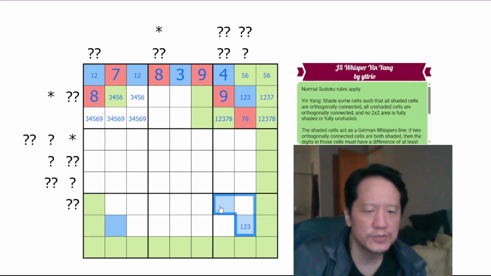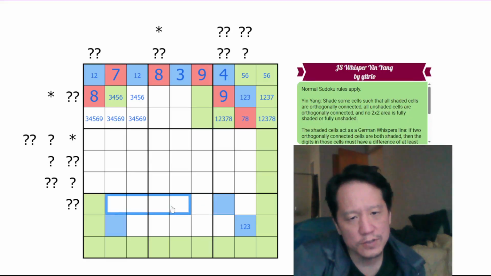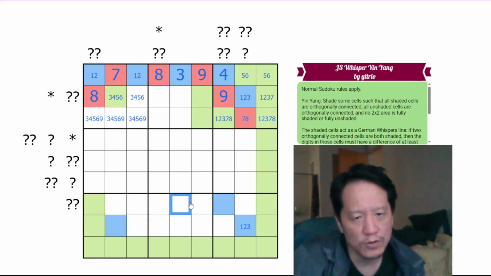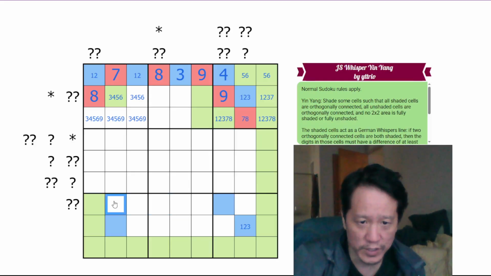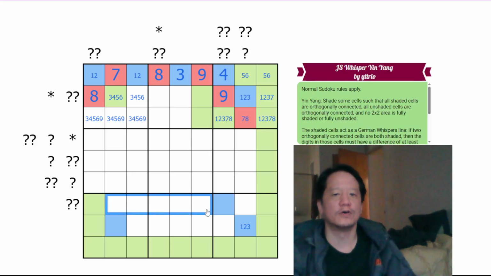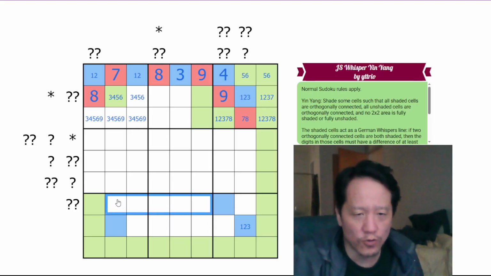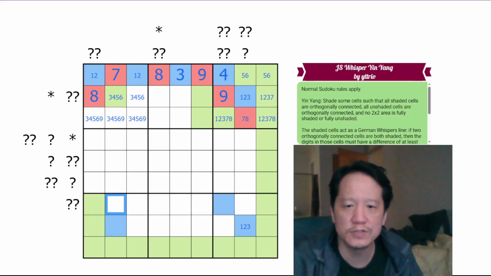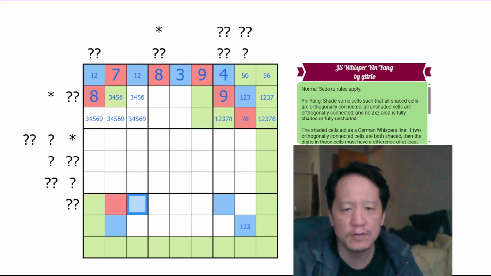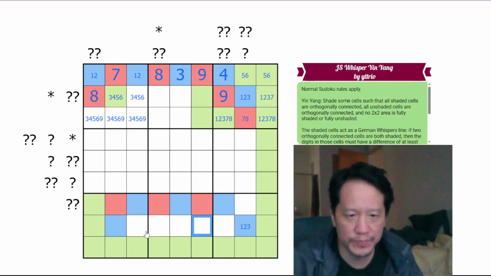We don't know if it goes this... That's interesting. So if it goes this way, all of these have to, like, form a region, right? So say what happens if we have that. Okay. Well, then this would be green. That would force this to be blue.